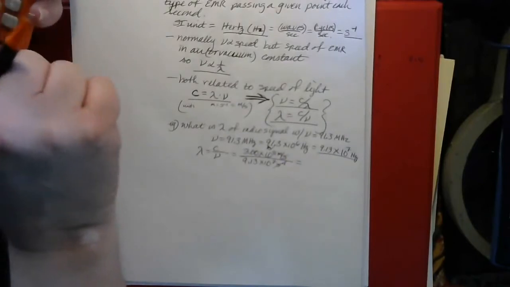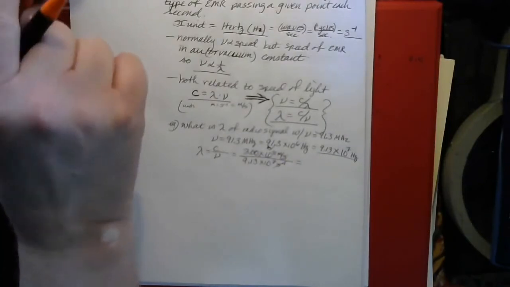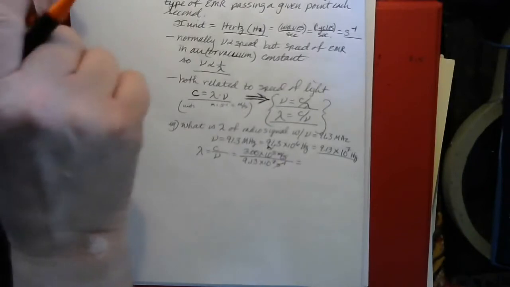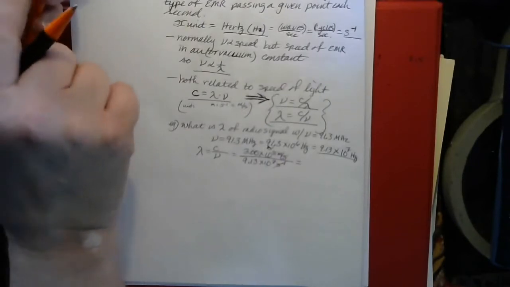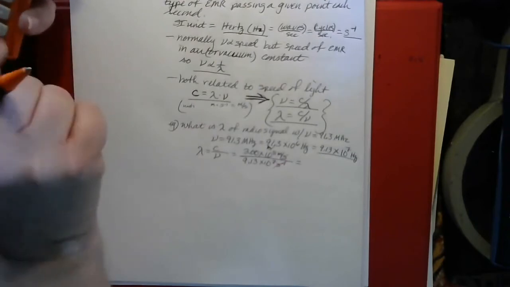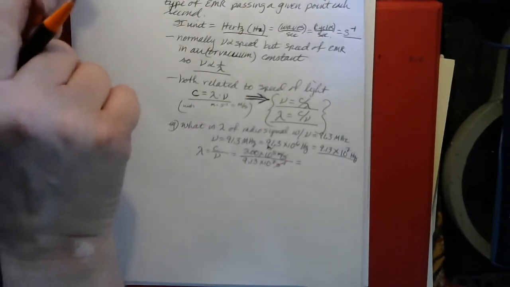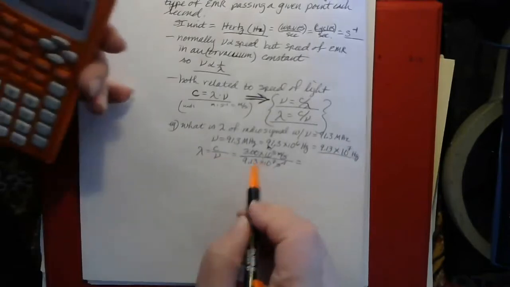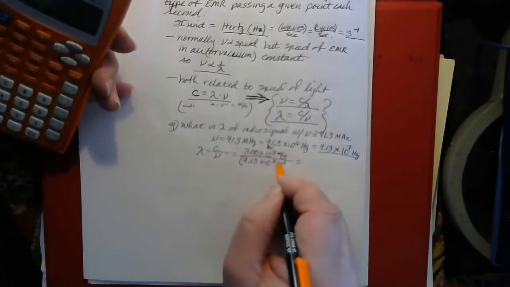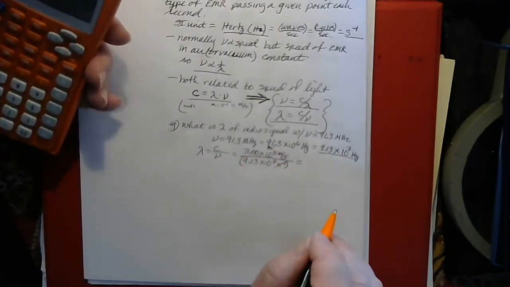And when we have 3 times 10 to the 8th, divided by, and remember when you're dividing by a number in scientific notation, you need to use parentheses around it.